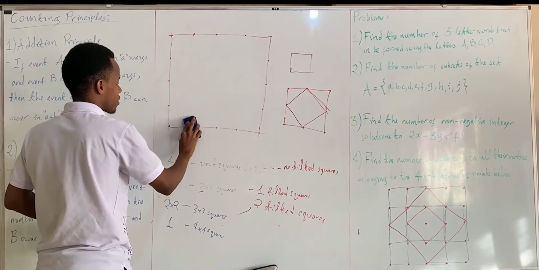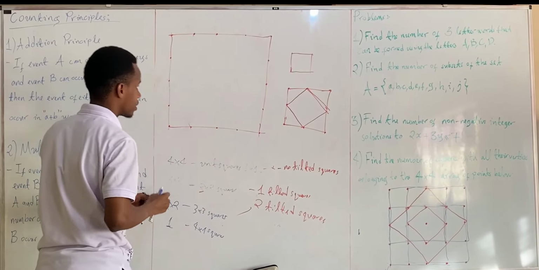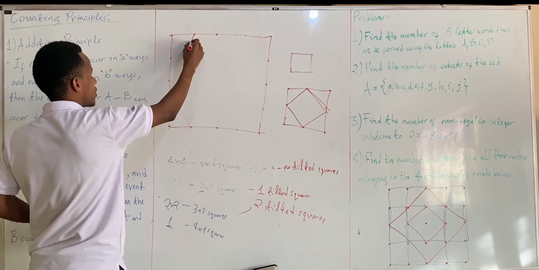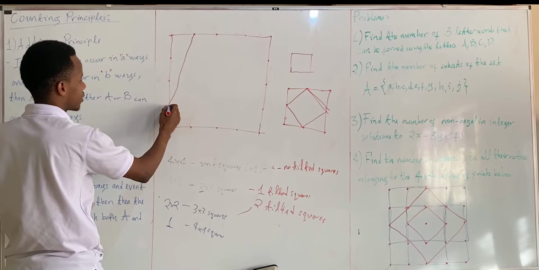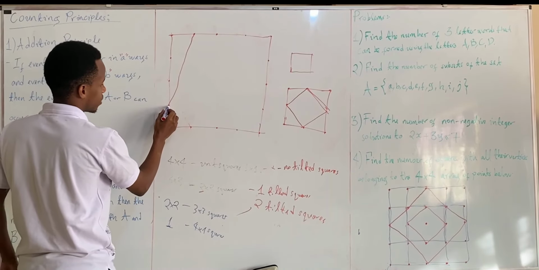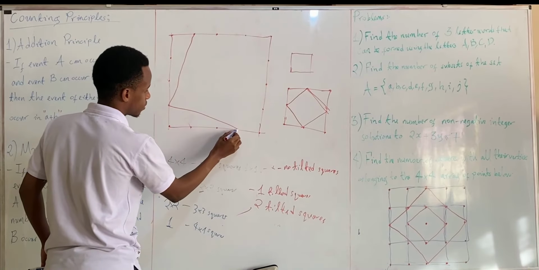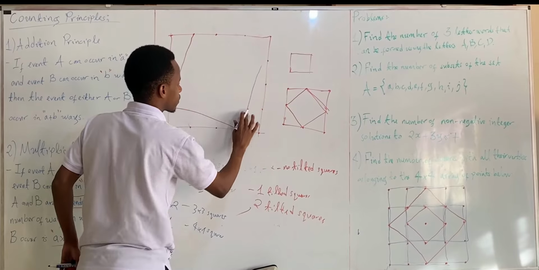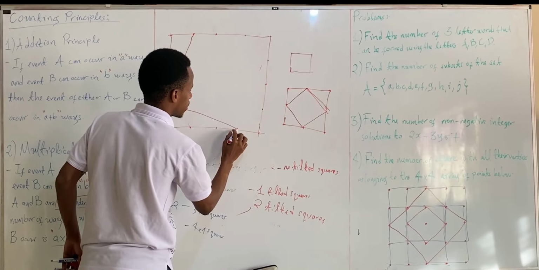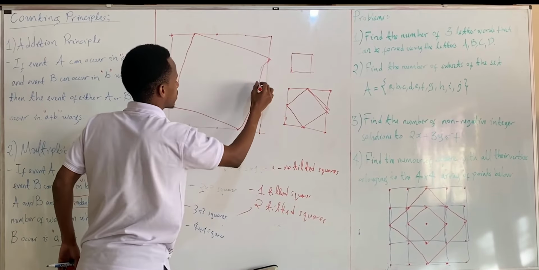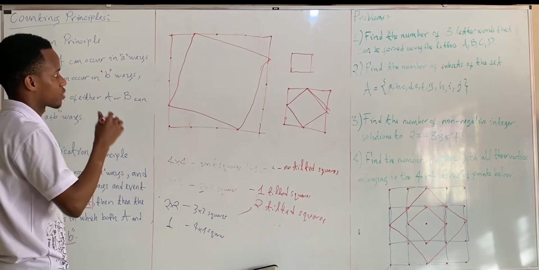You can try to convince yourself that when you start at a point like this one here, the only possible edge is to go all the way up to the other point on the other edge. So we follow the same principle. We go until this point, and then at this point you can continue like this and then connect it like that. So that is the first tilted square.